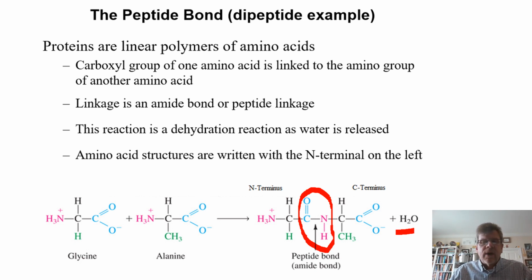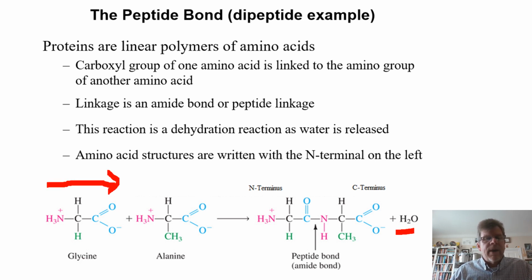Now we have condensed, if you will, these two amino acids together into one covalent structure. But still, if you look at one of the amino acids on the left-hand side, it goes N terminus to C terminus. In that direction, left to right, we encounter nitrogen first, then the carboxylate carbon second. The same goes for any protein or peptide made from these amino acids. If you look over on the right-hand side, it's still expressed N terminus to C terminus.